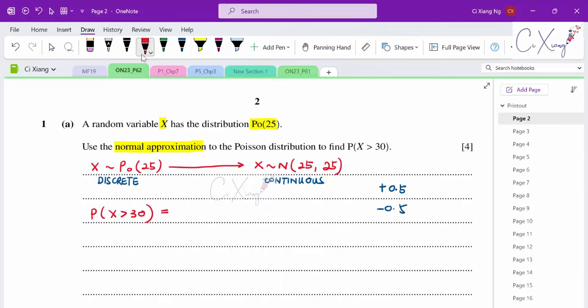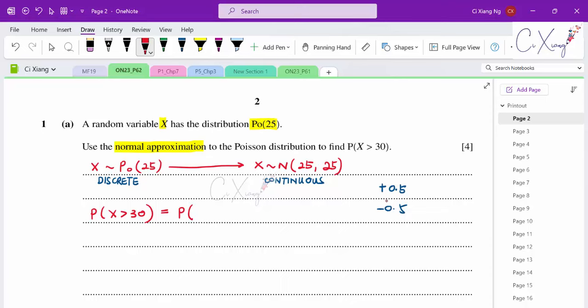The way to decide whether it is plus 0.5 or minus 0.5 has been included in a previous lecture video. If you're interested in some shortcut for deciding plus 0.5 or minus 0.5, I will put the link in the comment section, and you can have a look at the continuity correction there.